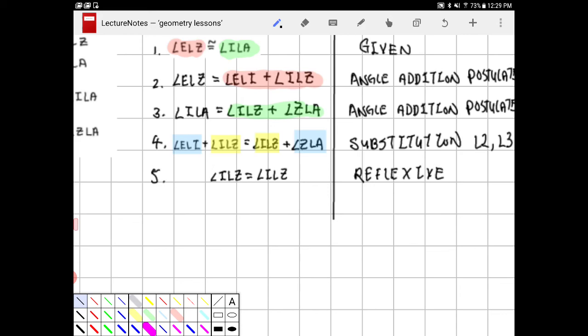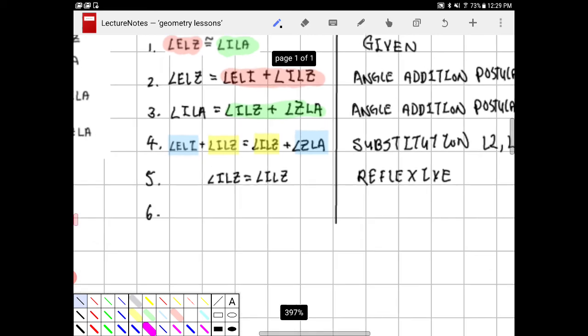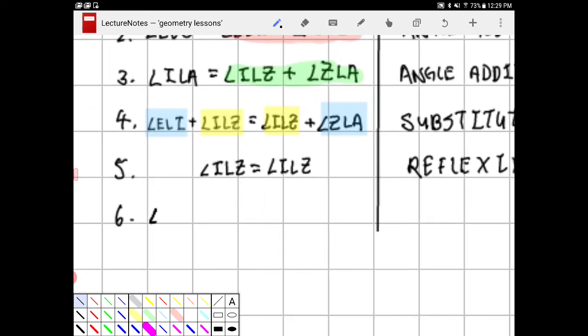So if I take line 4 and line 5 and subtract them from one another, what will be the end result? I will end up with angle ELI is equal to angle ZLA. And remember, we're treating equality the same as congruence, so I'm just going to write congruent there.